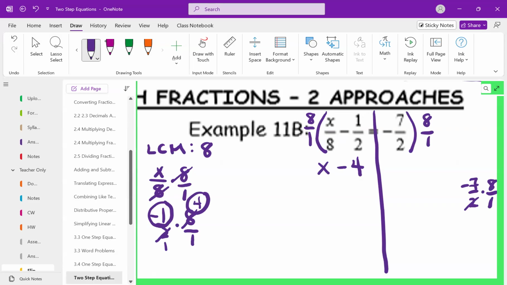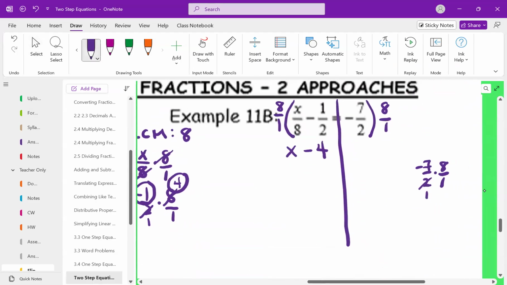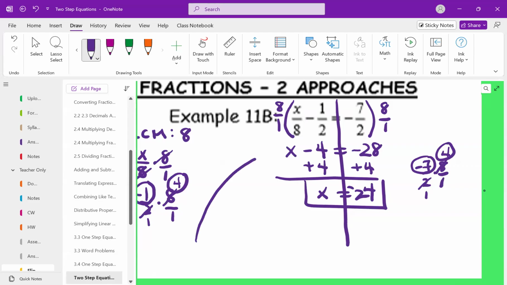And then 2 goes into 2 once, 2 goes into 8 4 times, so I have negative 7 times 4, which is negative 28. Now it's just a one-step equation. Add the 4 to both sides, and we get x equals negative 24, which was our same solution that we got on example 11a. If you do it this way and eliminate the fractions, they are gone by the second step.